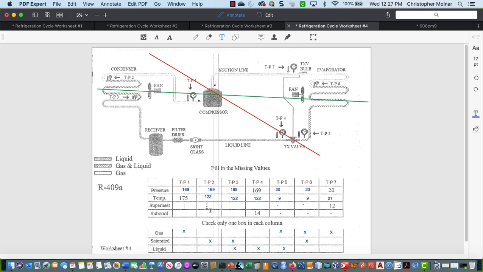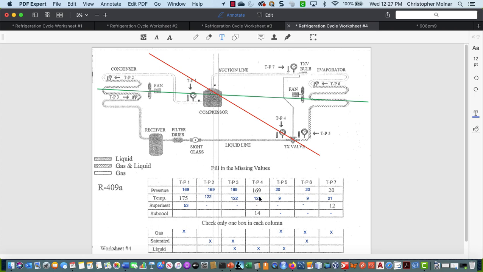So 175 minus 122 is 53 degrees, sorry. I do not have any superheat throughout the rest of the system there because it's in the condenser coil. I don't have any superheat on the liquid line, or I better not have any because I'm still losing temperature.